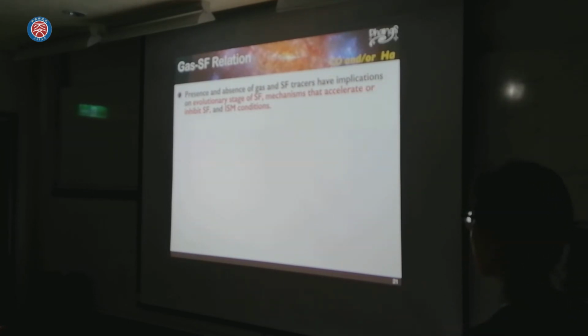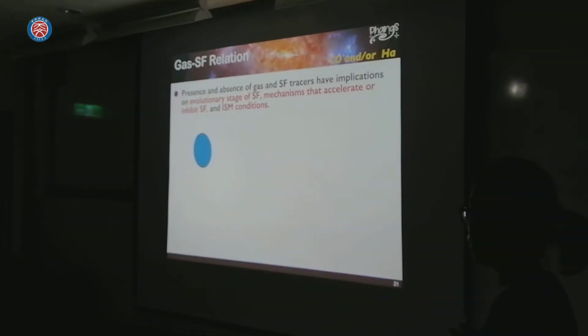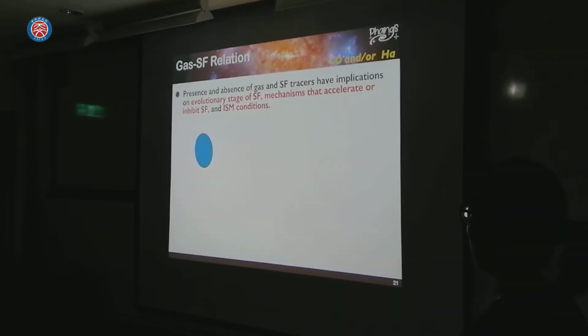For example, imagine there's a giant molecular cloud, and somehow it is not able to form stars. So it stays in a state of giant molecular cloud longer than a normal molecular cloud.